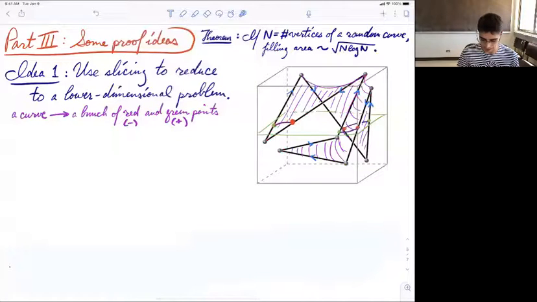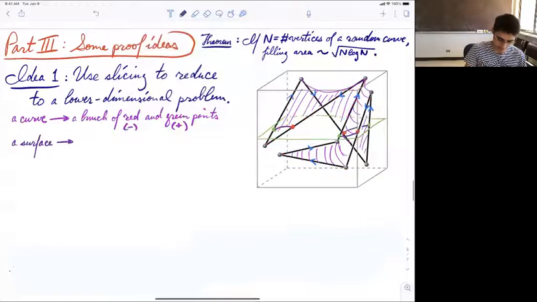Why does it always connect red points to green points? Well, this is a consequence of us taking an oriented surface. So a surface gives you a matching between the red and green points.